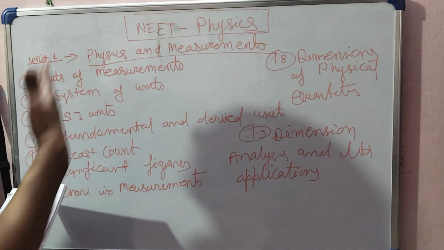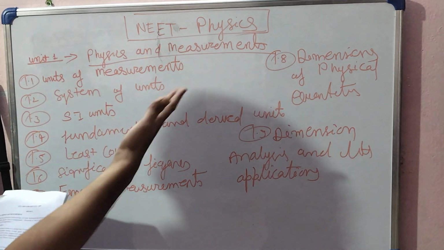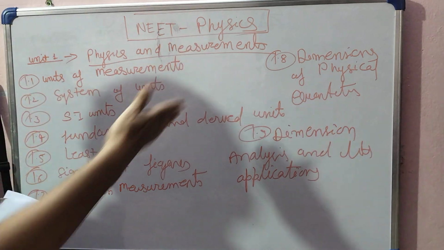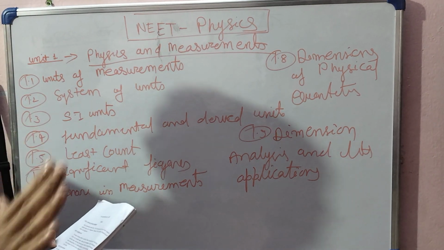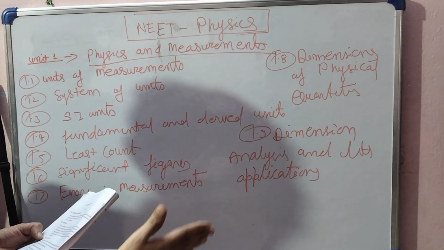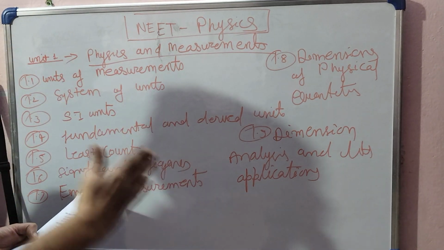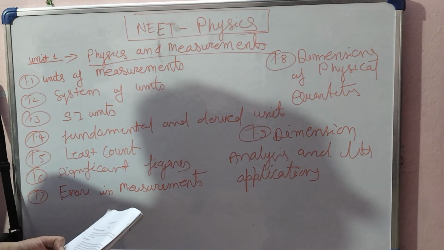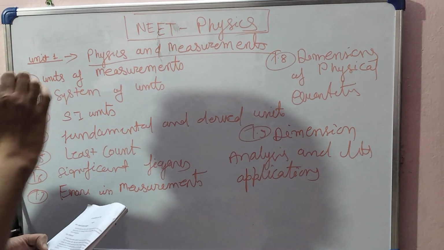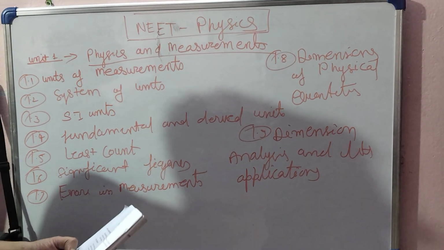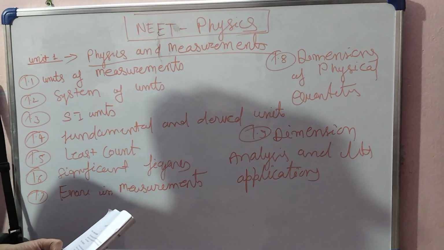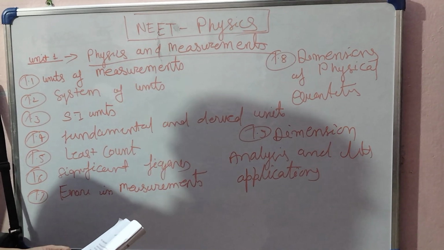This is the lesson plan, showing how we can cover unit 1 and unit 2. We equally divide the time available for NEET physics among these 20 units, and then easily manage the day 1 plan, day 2 plan, day 3 plan. If I can manage, you can manage.